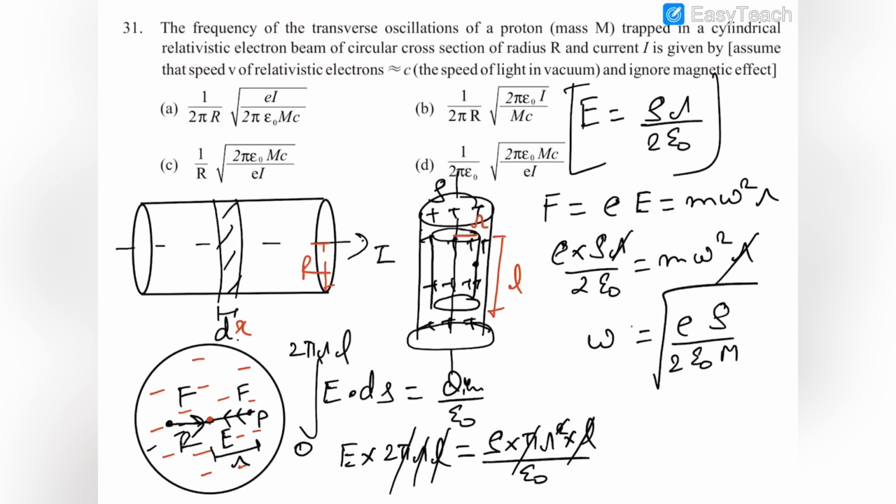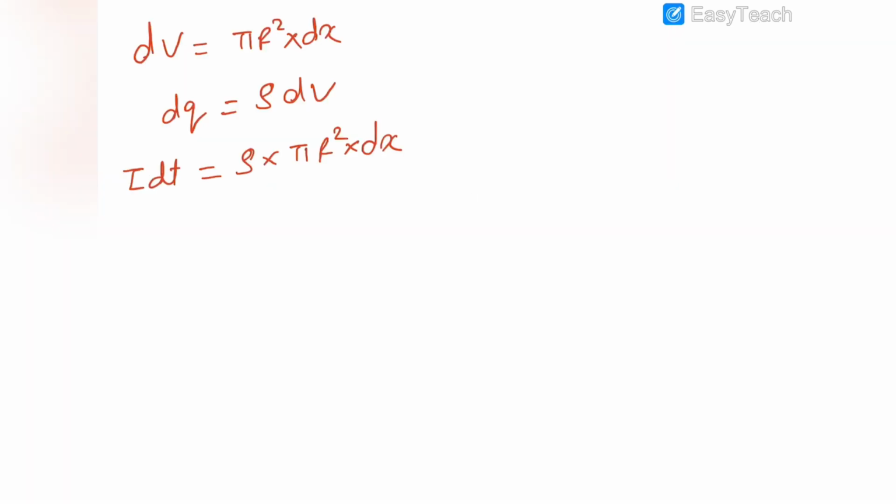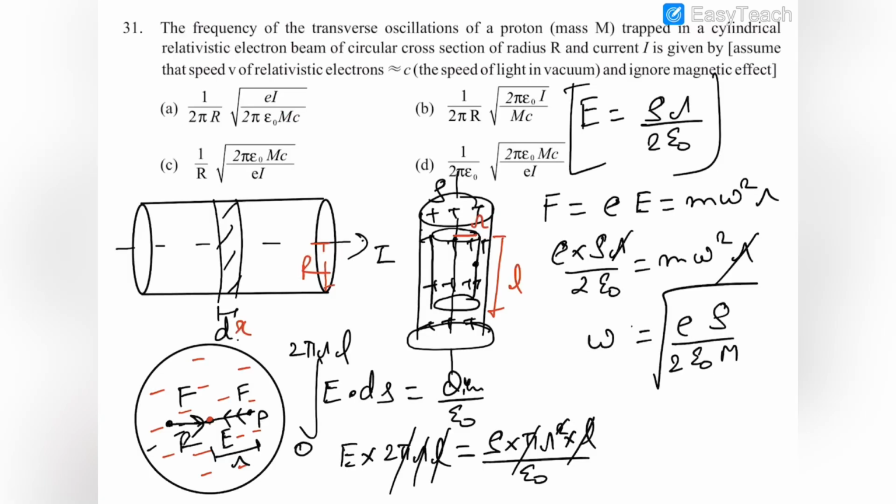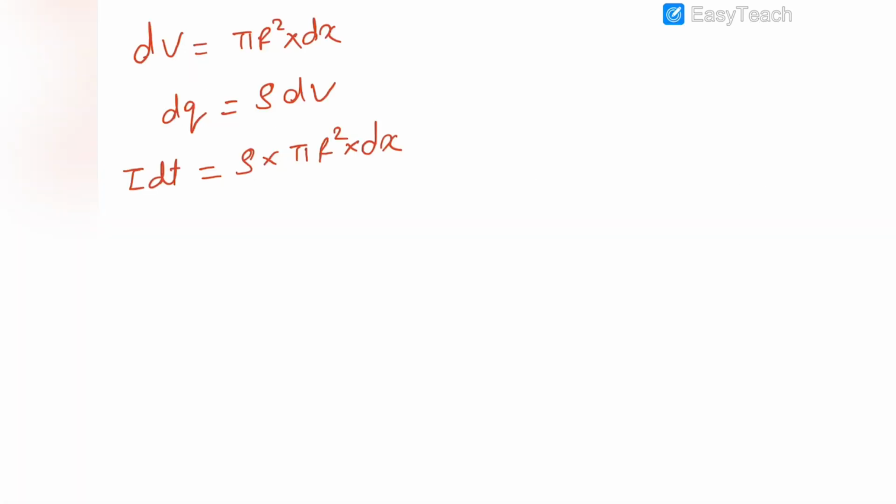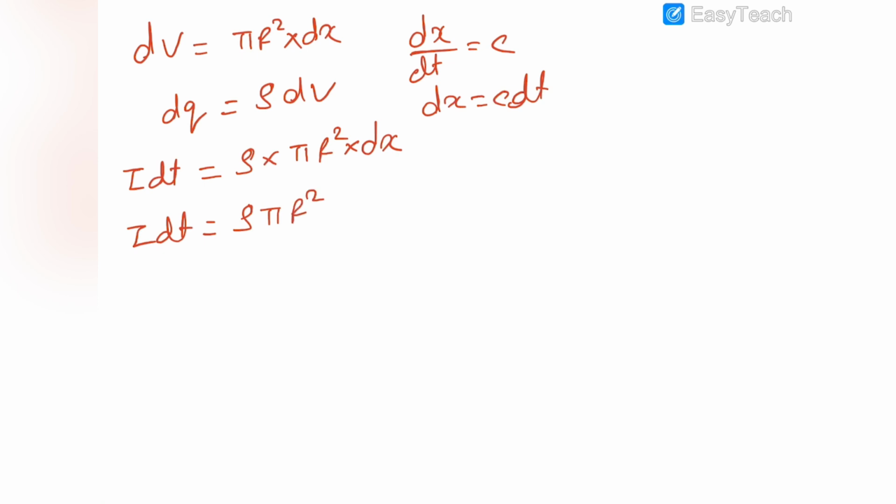Now you know that as electrons are moving with the speed of light, in moving this distance dx, it would take dt time. So dx by dt will be equal to c, so dx is equal to c dt. So I dt is equal to rho pi r square into c dt, cancelling dt. So rho is equal to I upon pi r square c.